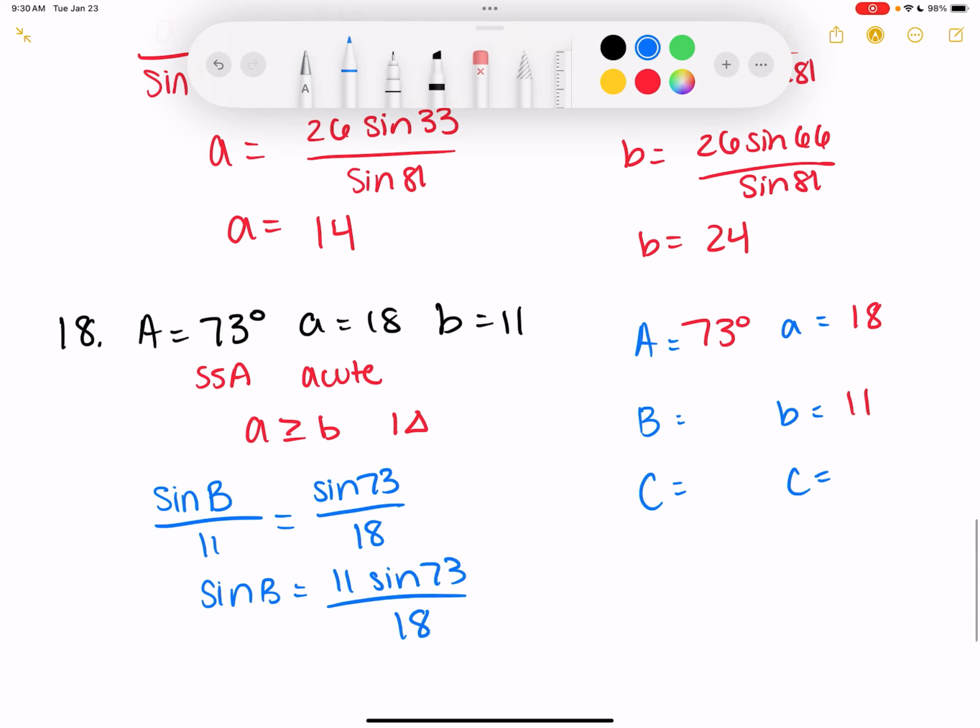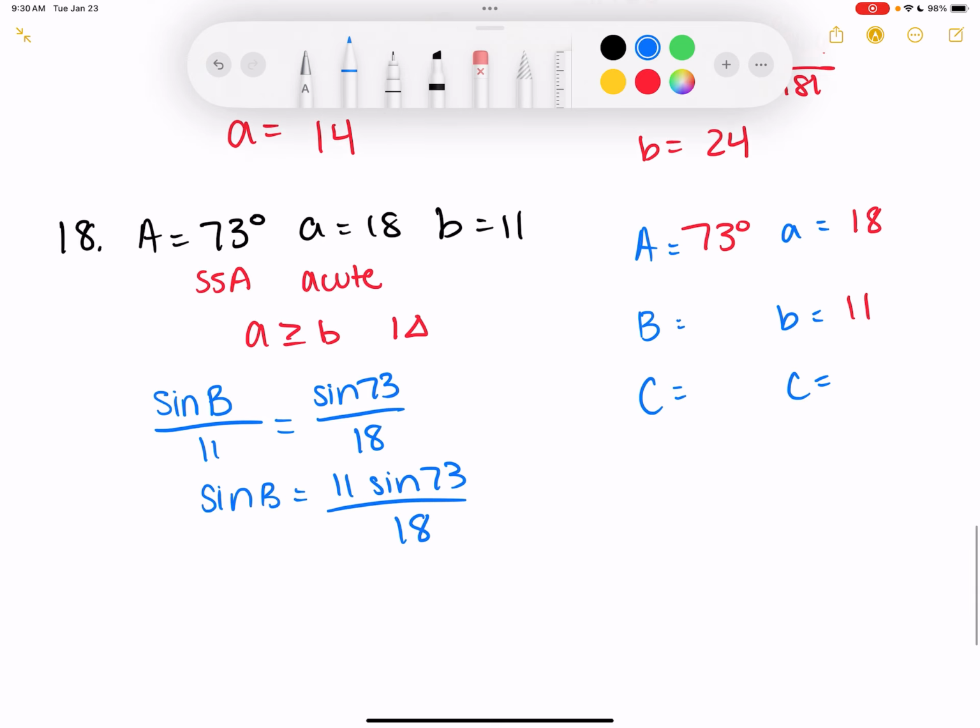And if you want to write it all as one step, like taking the inverse and stuff, that's what I normally do. But for this one, I'll write it out separately.